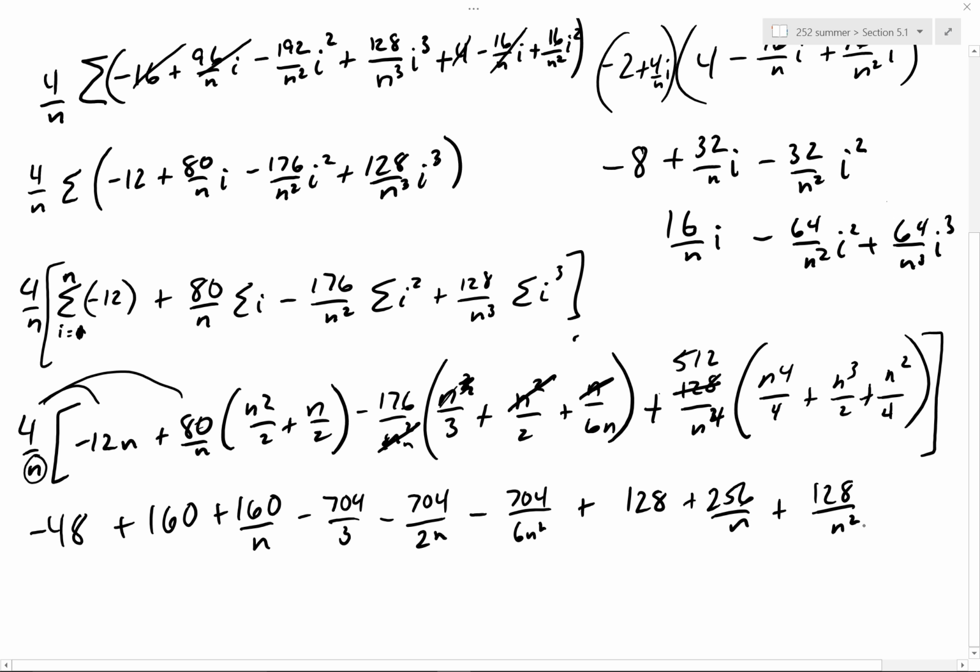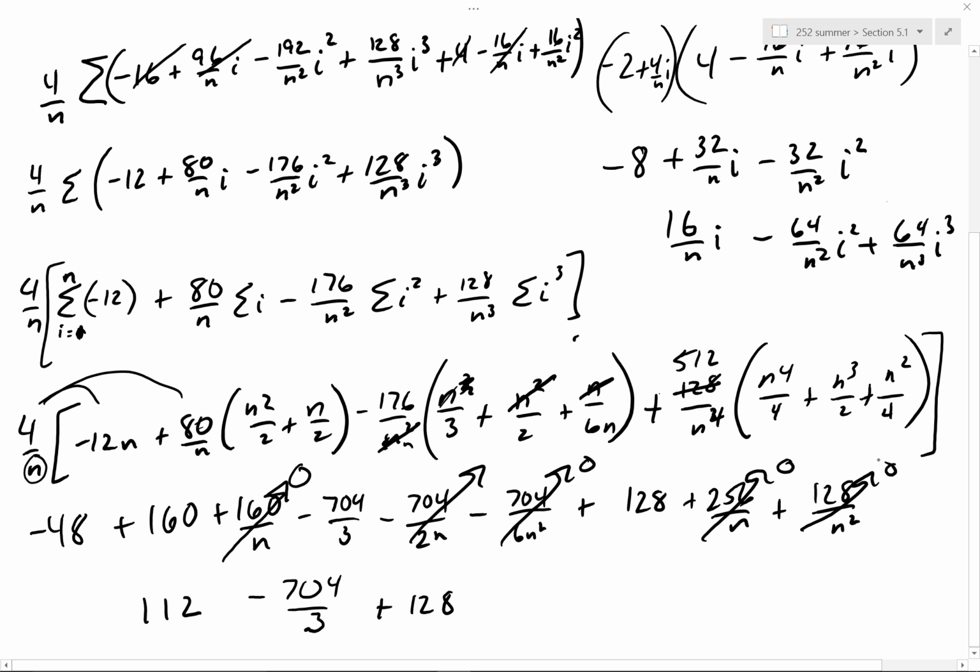And if I've done this correctly this time, let's pray that I did because I am really getting tired of it. It's going to be 112 minus 704 thirds plus 128, I hope. And then the limit where n goes to infinity, all the rest of these are going to 0 because they have an n in the basement.